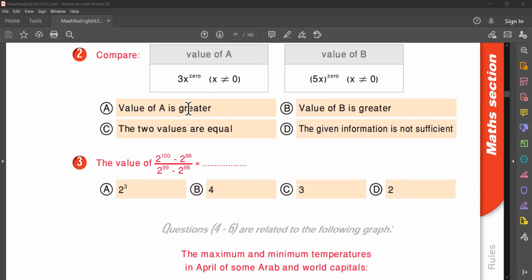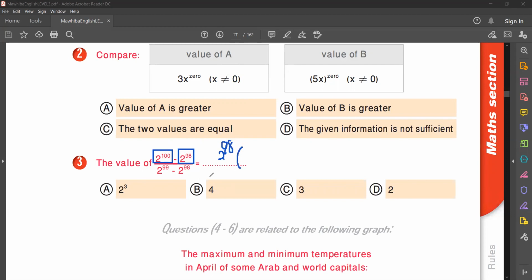What is a common factor between 2 to the power 98 and 2 to the power 100? A common factor is the small exponent. It is 2 to the power 98.